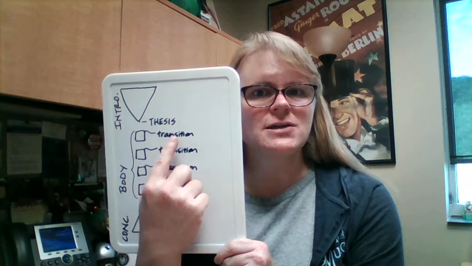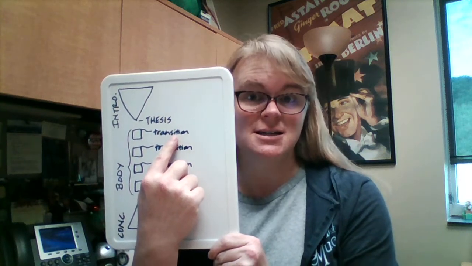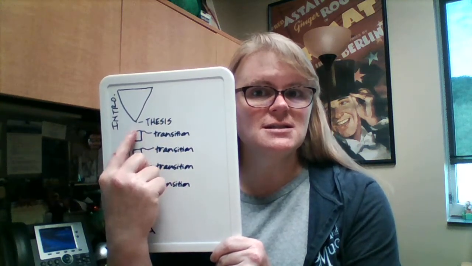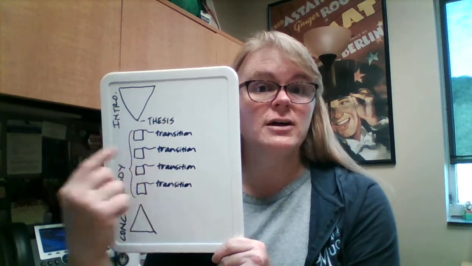That first sentence is known as the transition sentence. Your transition sentences into each new paragraph should be like a clear announcement of what this paragraph is going to do. Some good examples of transitions: sometimes you need numbers, like "the first reason that this is true."